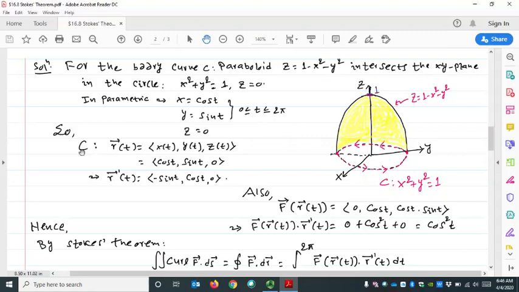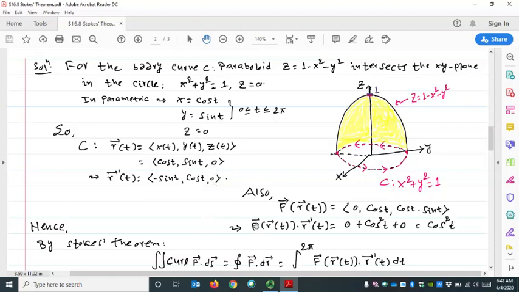So our curve, the vector equation, r(t) equals x(t), y(t), z(t), which is cosine t, sine t, 0. So take its derivative, r prime(t) equals cosine t differentiates to negative sine t, sine t differentiates to cosine t, and 0 differentiates to 0.